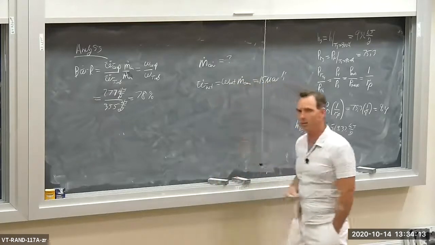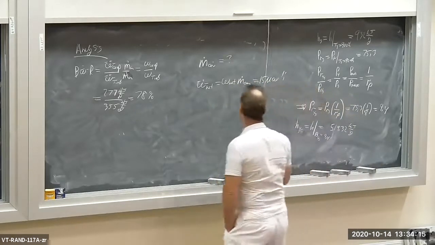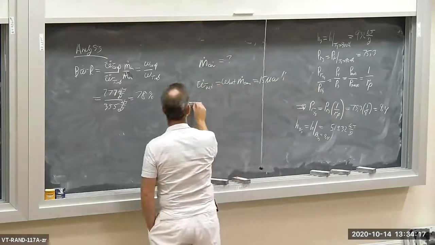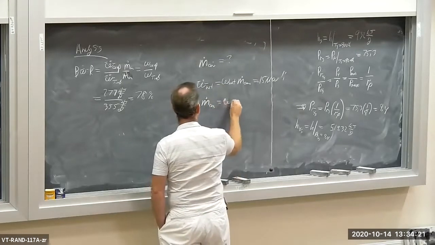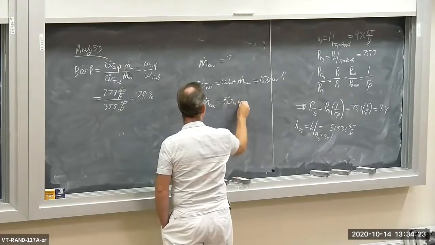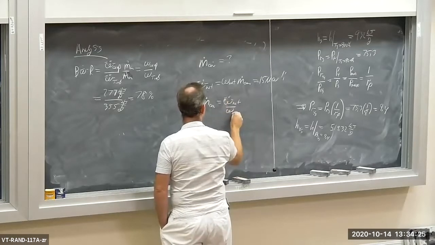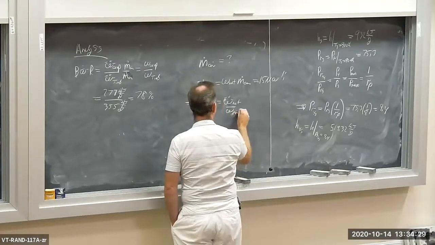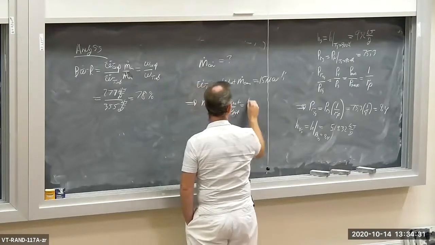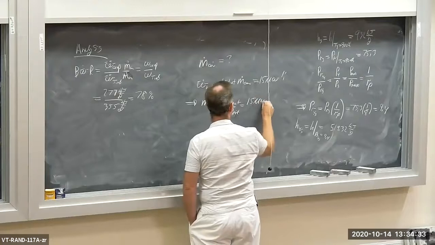Okay, so I've got W dot net. Let's solve for m dot air. m dot air is equal to W dot net divided by the specific net work. We have 15 megawatts.